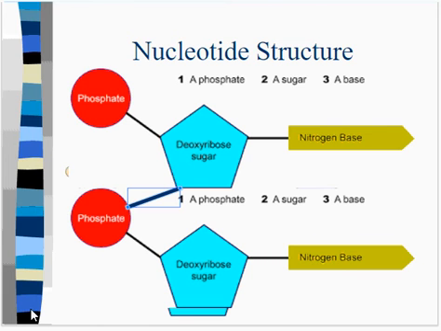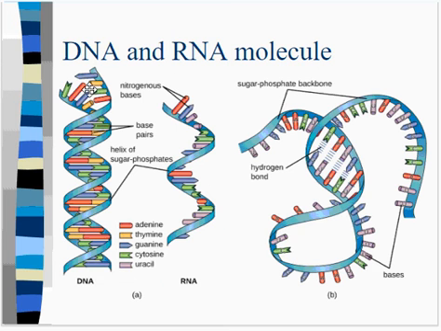Now, DNA is two-stranded. So looking at this, the DNA molecule is a double helix. It's two strands joined together in a curling, kind of a twisted ladder shape.